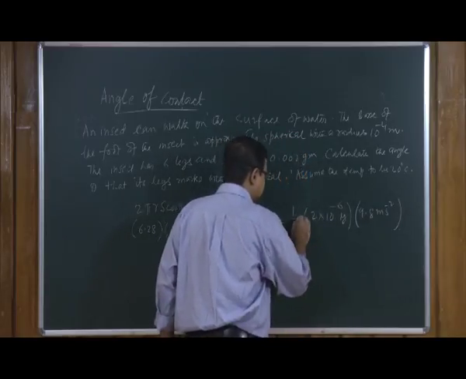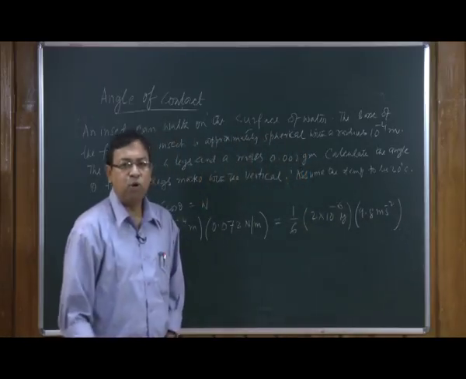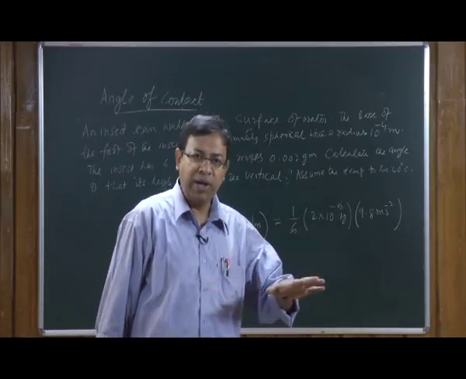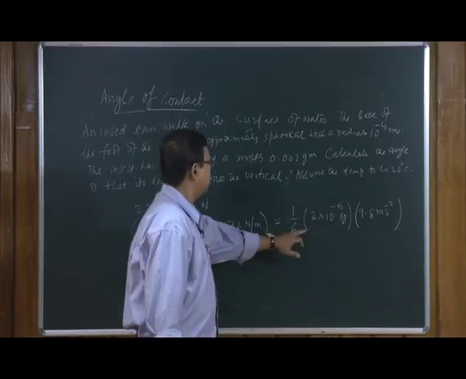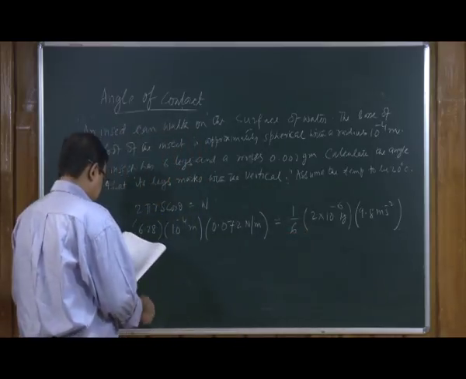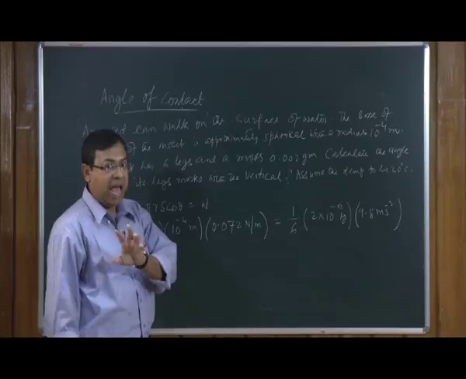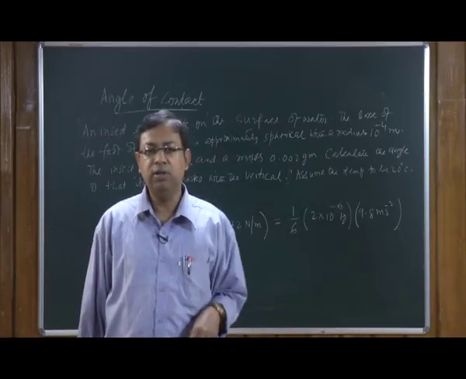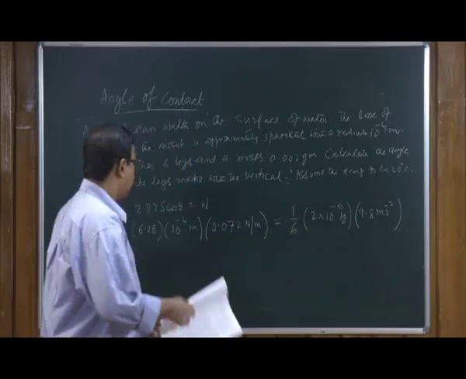but there are 6 legs. So, these 6 legs will support the total weight, so this has to be divided by 6, and we need to know the angle that one of the legs, the foot, makes on the water.